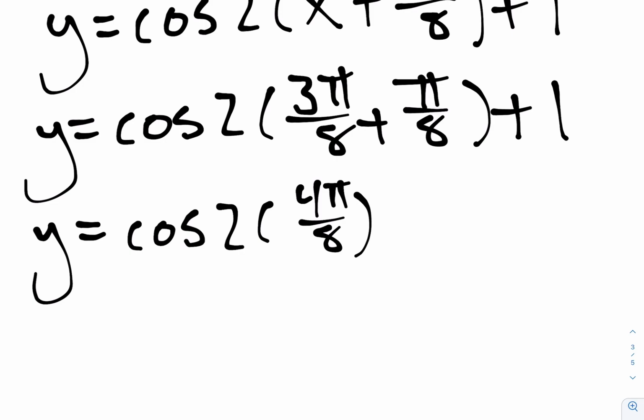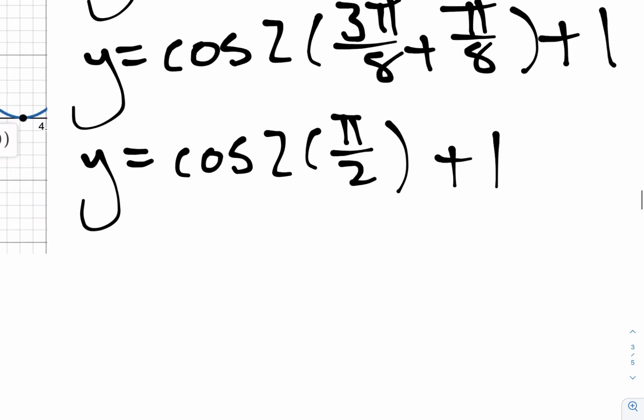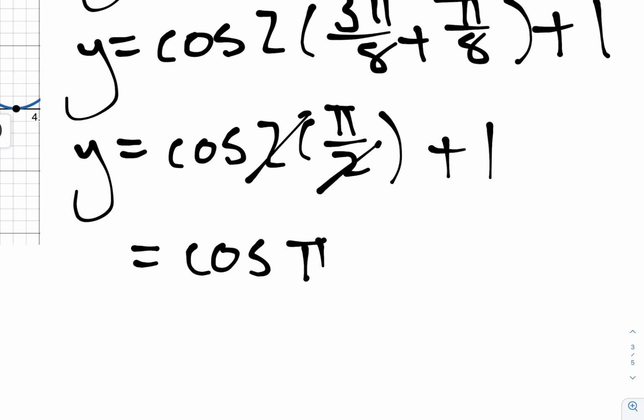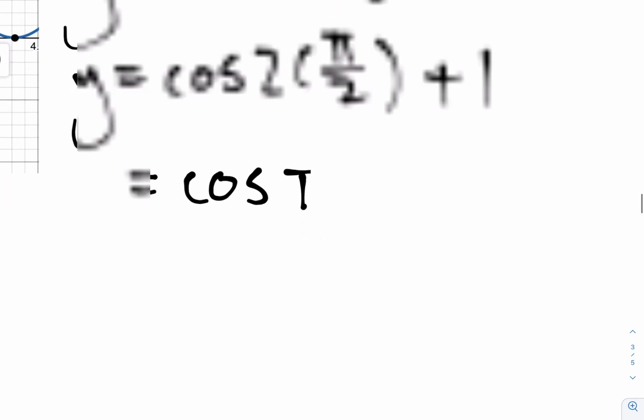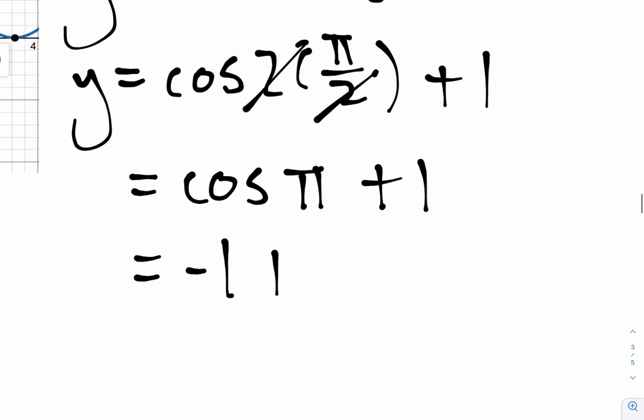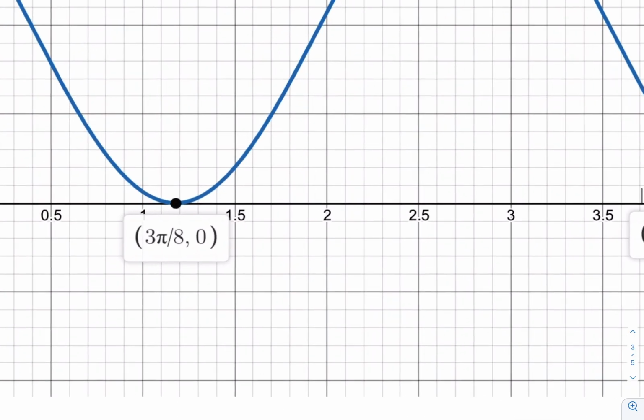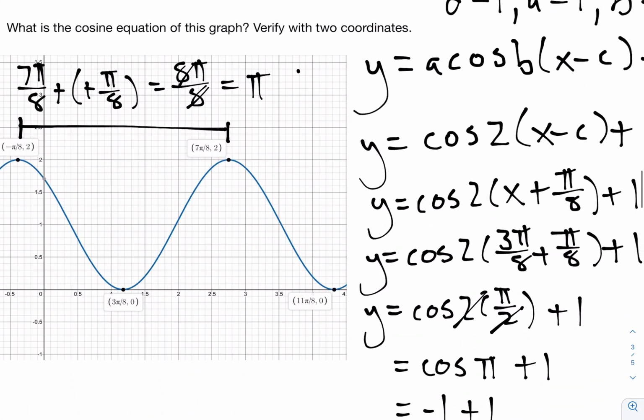Now 4 pi over 8, if we divide 4 and 8, we're just going to get a half, so pi over 2, plus 1. Now, 2 times pi over 2 is just pi, because these 2's cancel, so the cosine of pi plus 1. Remember, the cosine of pi was negative 1, so it's negative 1 plus 1, which is 0. So when x is 3 pi over 8, yes, y is indeed 0. So we verified it with 1 coordinate.